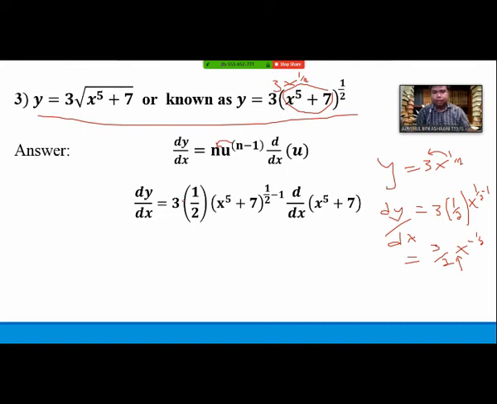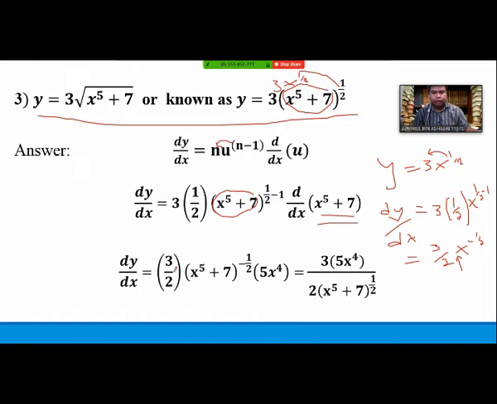For this question, half moves to the front, it becomes 3 multiplied with half, copy again, x power of 5 plus 7, which is half minus 1, and differentiate inside of this one. Differentiate again for x power of 5 plus 7.